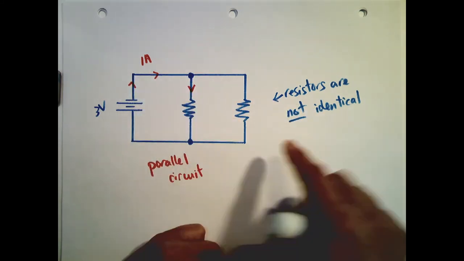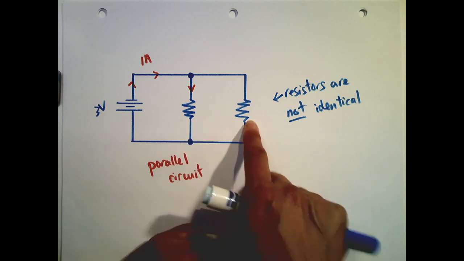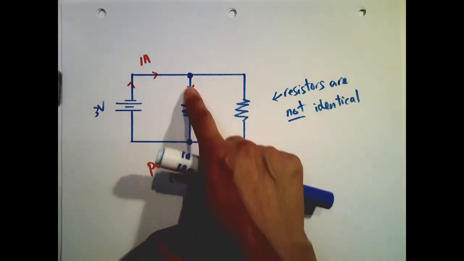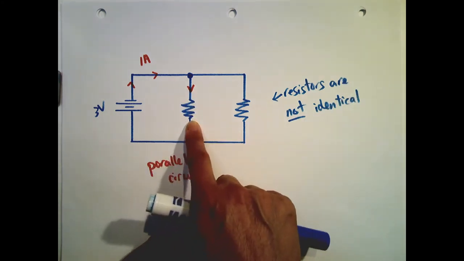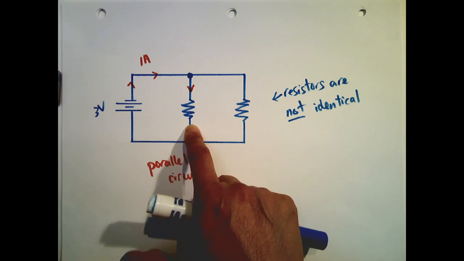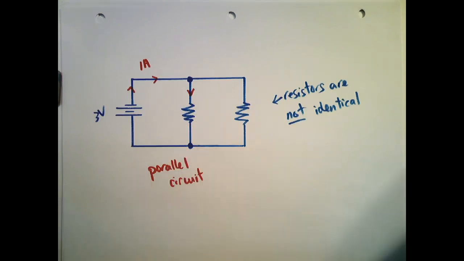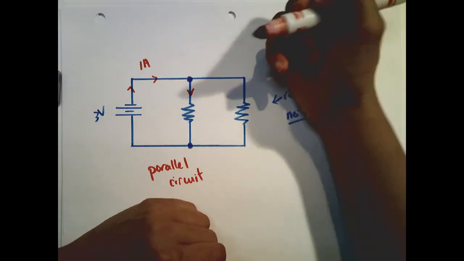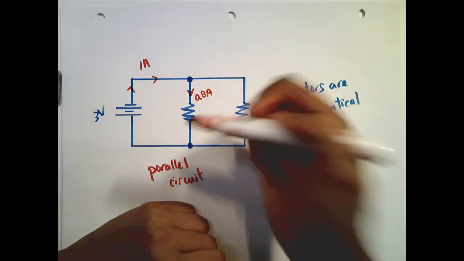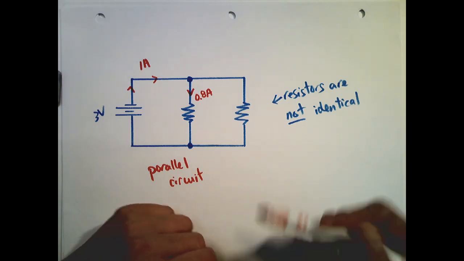Now, typically, if the resistors are identical, then they're going to split up 50-50. But because they're not identical, let's suppose that this resistor allows for more electrons to flow. And let's pretend it allows a lot more, like 80% of it. So that means 0.8 amps of flow going through here. All right.